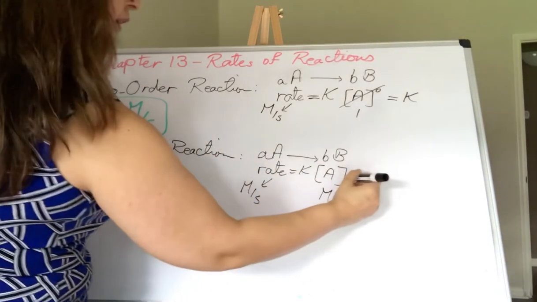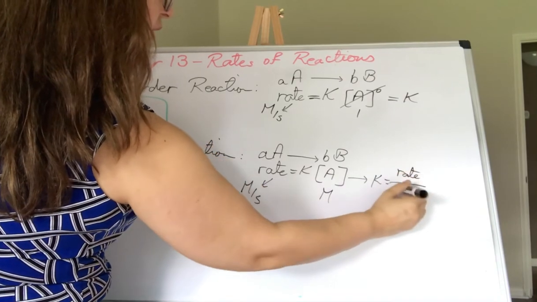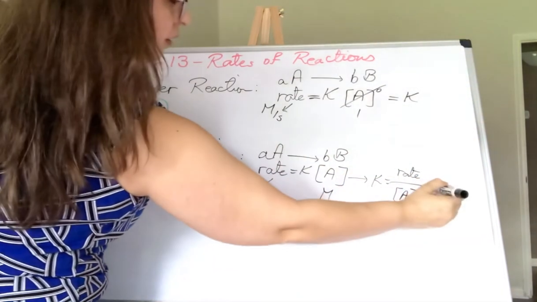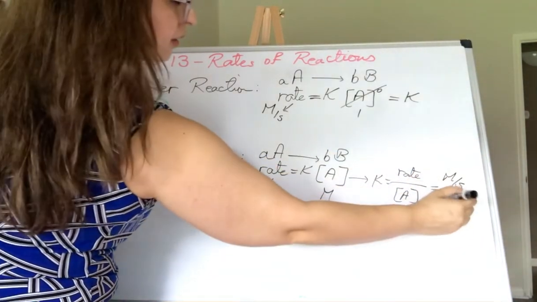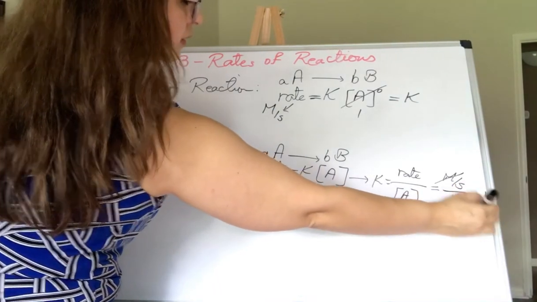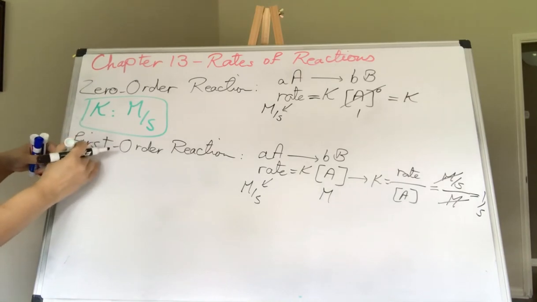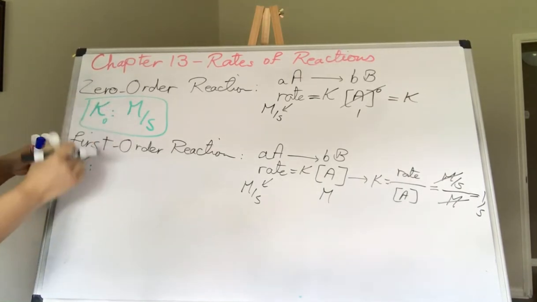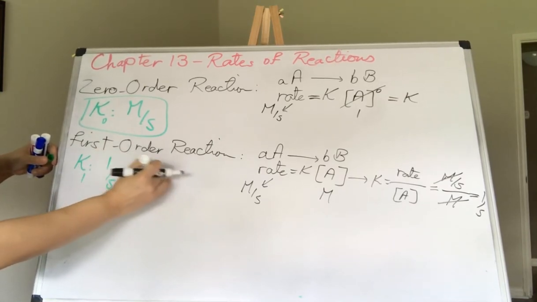So K is rate over concentration, right? What was the unit for rate? Molar per second. And the unit for A is molar. So molar and molar cancel. So it's 1 over second, or second inverse. So K for first order reaction is per second.